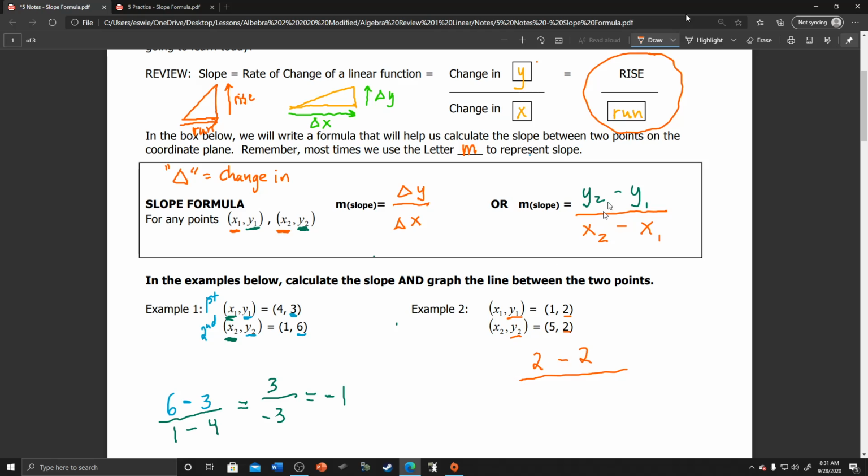And then I'm going to take my x value of the second point, which is 5, and subtract the x value of the first point, which is 1. And what's going to happen here? 2 minus 2 is 0, and 5 minus 1 is 4. And think about what this is asking you. It's 0 divided by 4, which is 0.